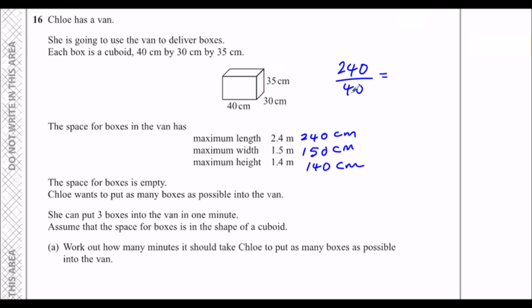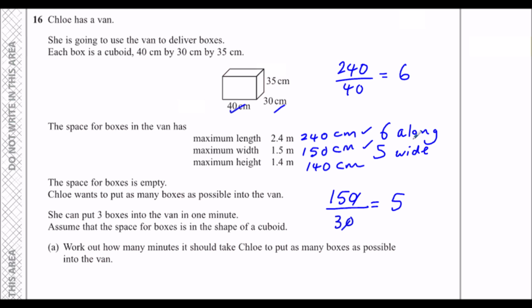So it's 24 over 4, which is 6. So if we can get 6 along, that means we've done that. 30 will go into 150, so we'll do 150 divide by 30, which is 15 over 3, so 5 wide, 5 along, 6 by 5.